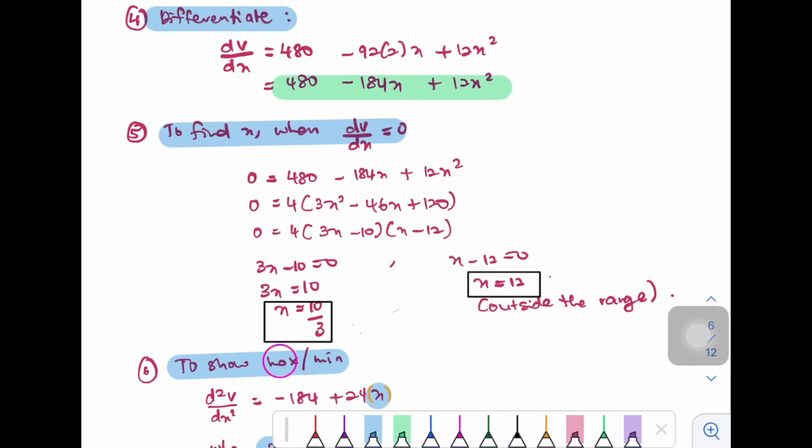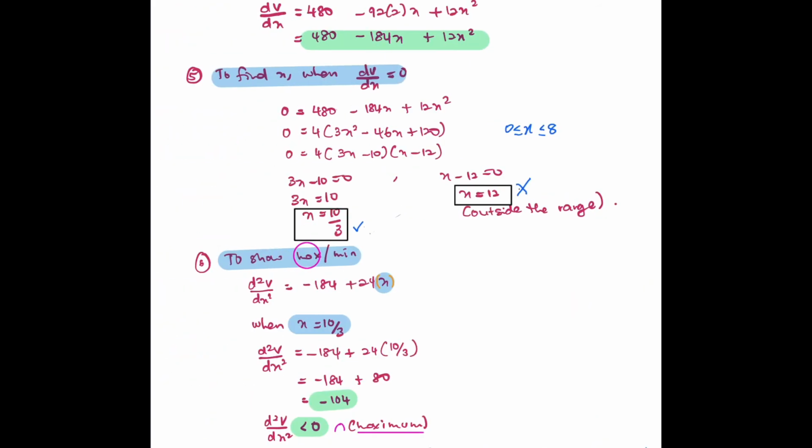Therefore, you can solve 3x minus 10 equal to 0 and x minus 12 equal to 0. And then one of them is 10 over 3, another x is 12. According to the constraint just now, your constraint should be only from 0 until 8. Therefore, we cannot accept x equal to 12. Then we will just take one answer, which is x equal to 10 over 3.